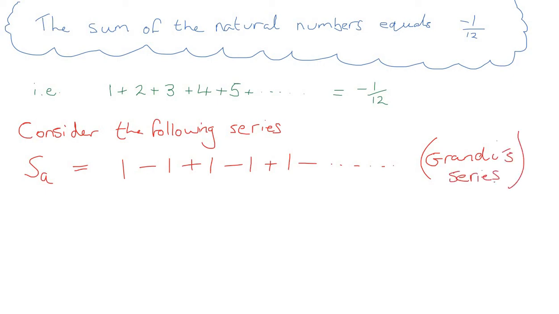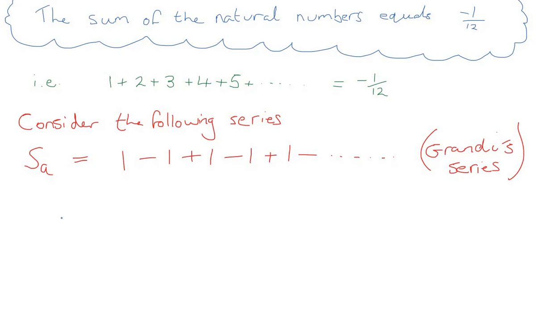So if you want to have a look then feel free to do so. Okay, so what we're going to do now is something, again, that's strictly not really allowed, but we're having a little bit of fun, and we're going to derive this result. So we're going to do 1 take away this sum. So 1 take away SA, well, it's 1 take away everything above, 1 minus 1 plus 1 minus 1 plus 1, and so on.